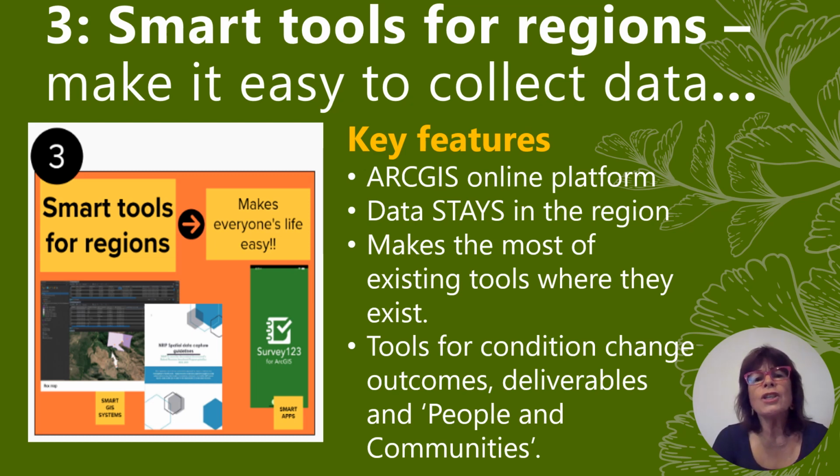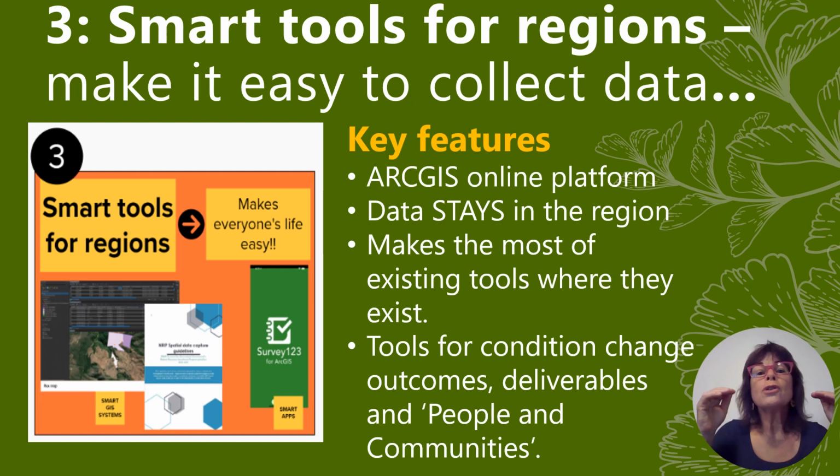The third feature of this system is that we endeavoured to make the most of existing tools where they existed. So if there was already a tool for a particular task, we made the most of that particular tool. Another feature is that we've developed tools for collection of data at a range of levels. So we've got tools to collect data above the red line, the data that talks about the difference we've made at the outcomes level.